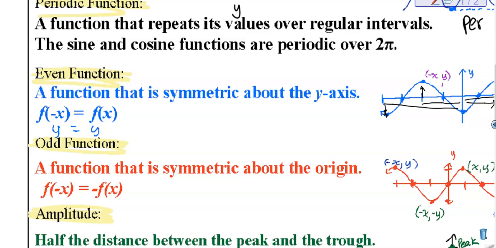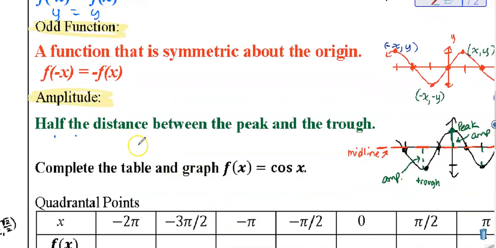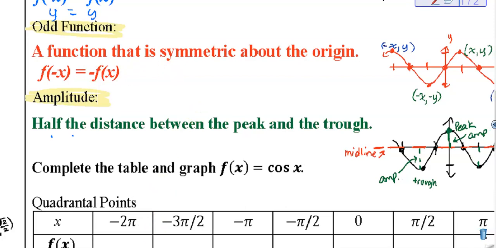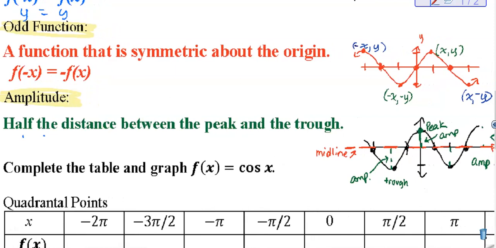An odd function is a function that's symmetric about the origin. So what happens with an odd function is, if I plug in a negative x on the left, and I plug in a positive x on the right, plugging in a negative x will give me the opposite y value. So what happens is you have a reflection across the origin.